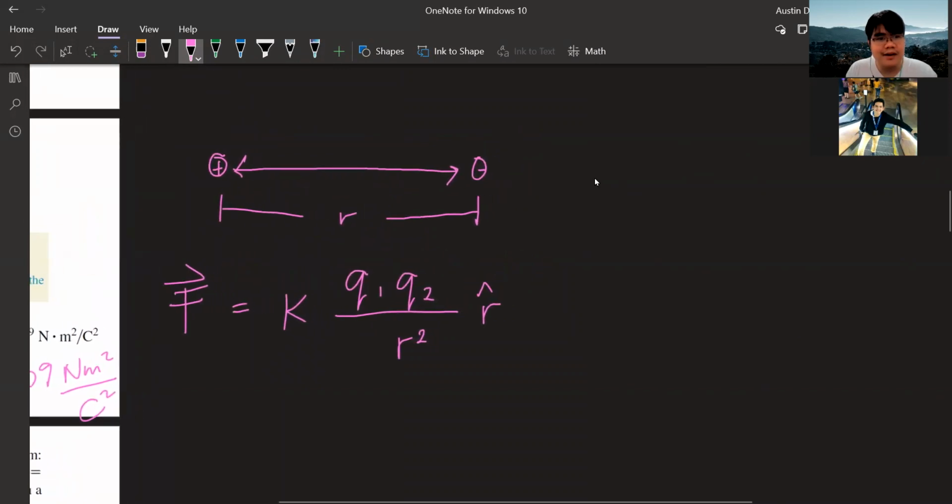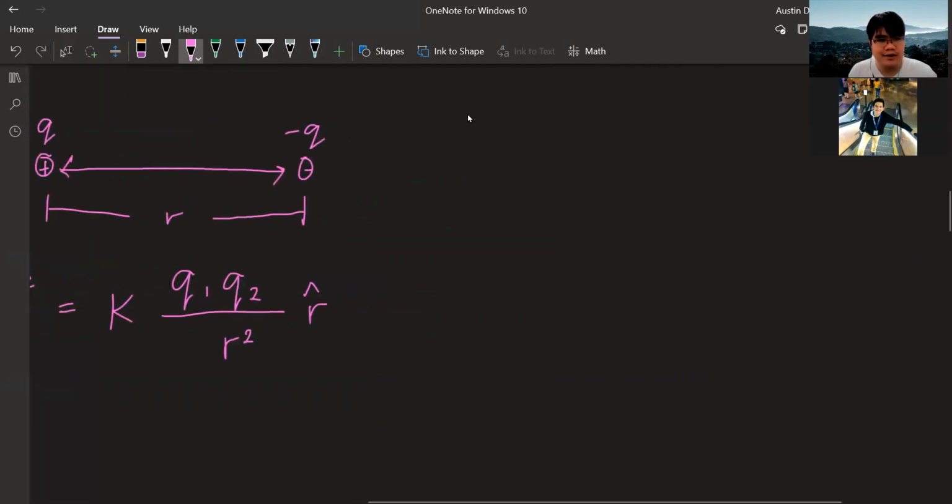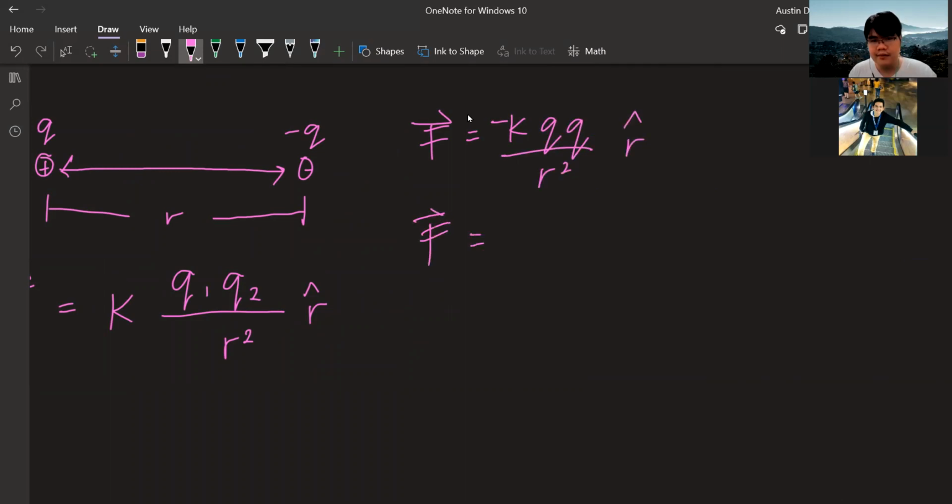Suppose this is Q and this is negative Q. The force is F equals K negative Q over R squared R hat, which is KQ squared over R squared.